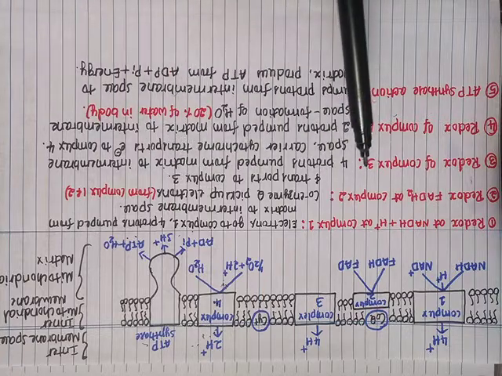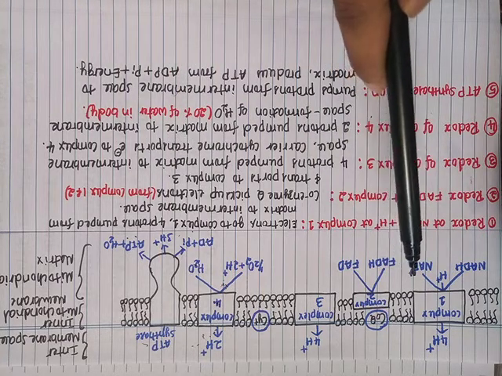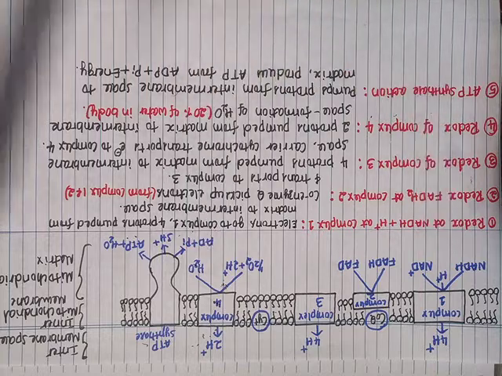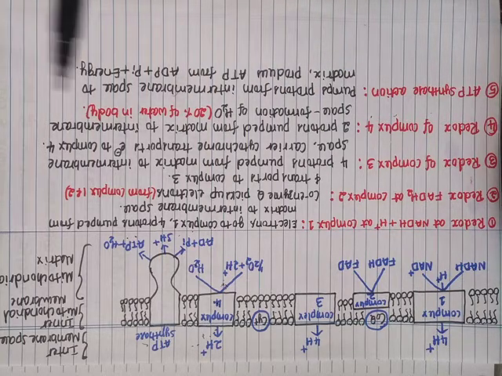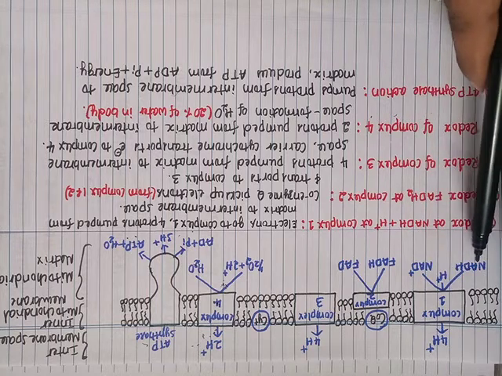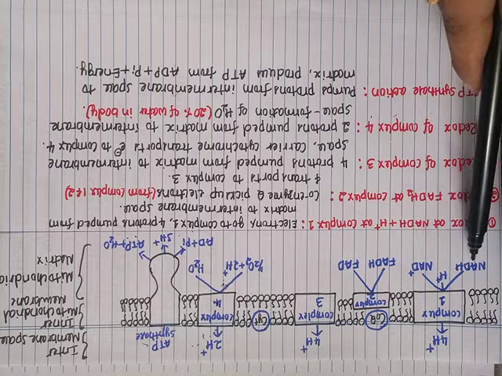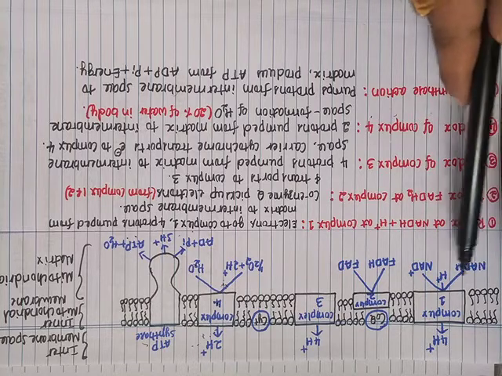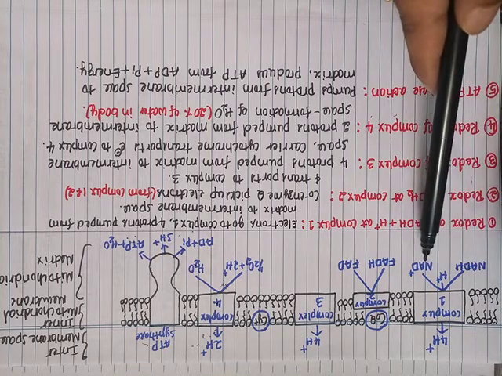As we discussed, the mitochondrial electron transport chain is a series of protein complexes. Here you can see NADH, which acts as a reducing agent and undergoes oxidation to form NAD+.